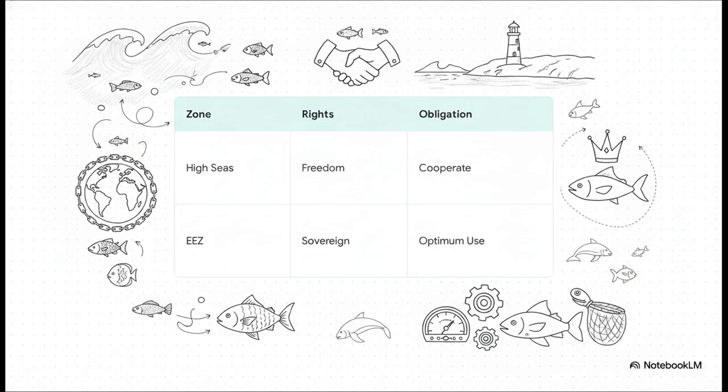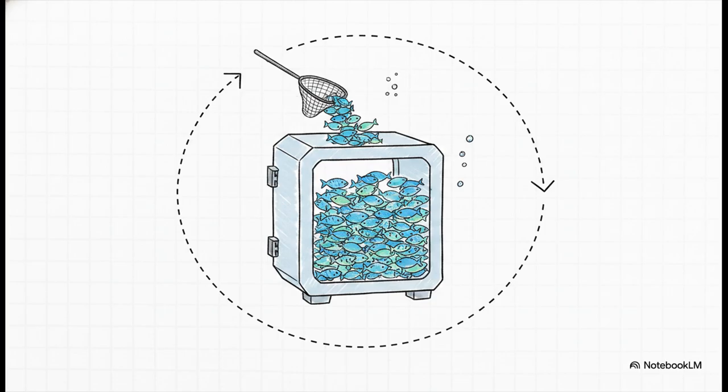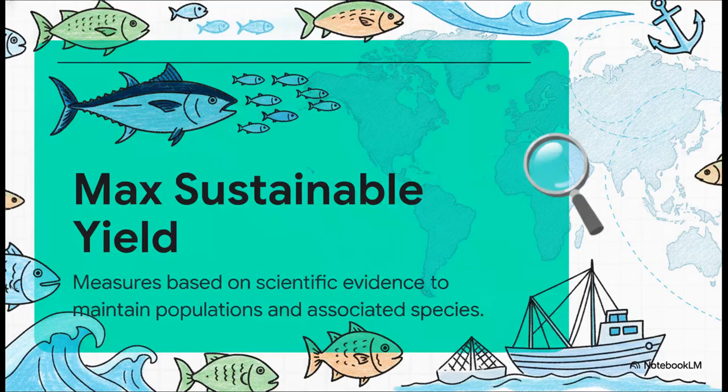Let's look a little closer at how these conservation limits actually play out in practice. To really grasp the high seas conservation mandate, think about it like this. It's exactly like living off the interest of a bank account without ever touching the principal balance. You figure out exactly how much you can safely withdraw so that the account just keeps generating that same amount of money forever. And that analogy perfectly describes our first crucial legal term today, maximum sustainable yield, or MSY.